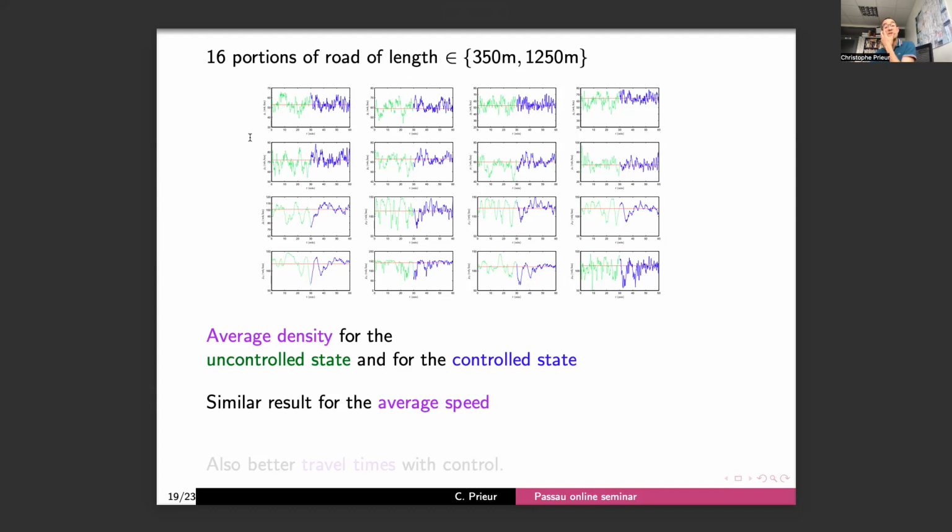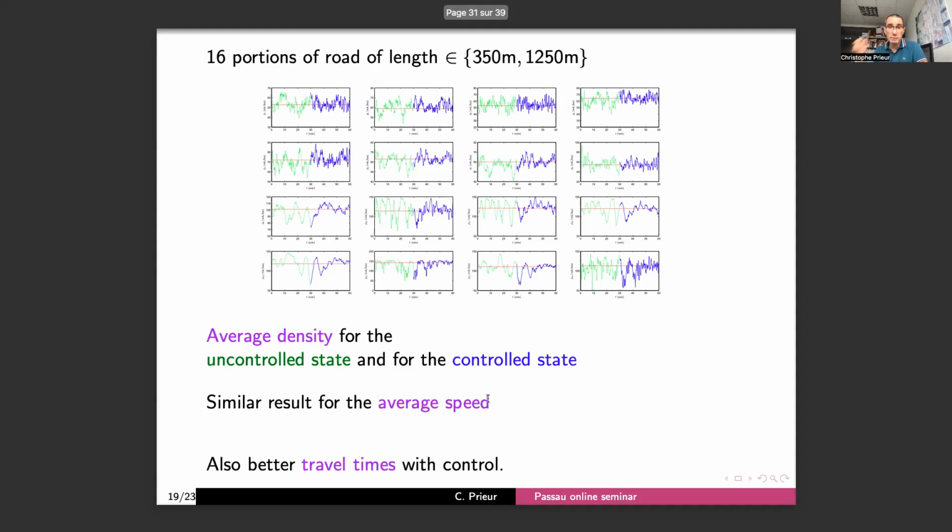This is just an application of what we have done, where we design boundary controls for this software, so that we get the input to state property of the density and the speed.